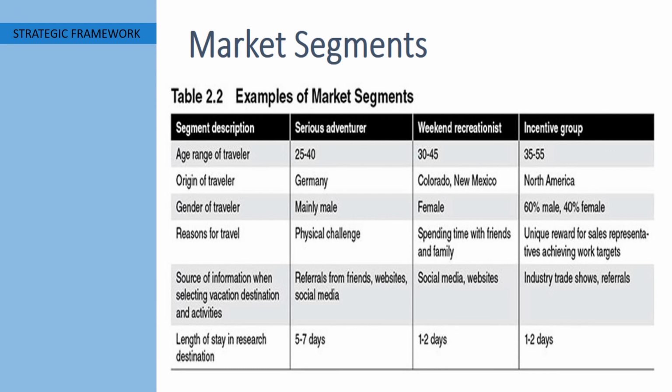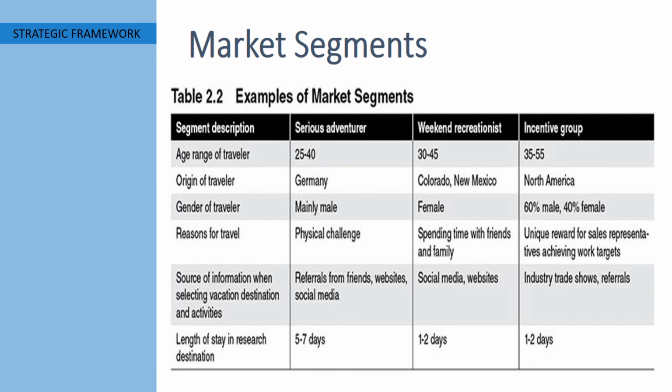If we look at examples of market segments, again in terms of a strategic framework, you have a segment description and then different categories: the serious adventurer, the weekend receptionist, the incentive group.